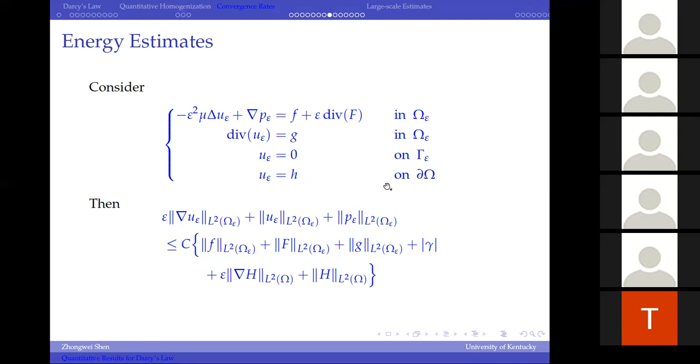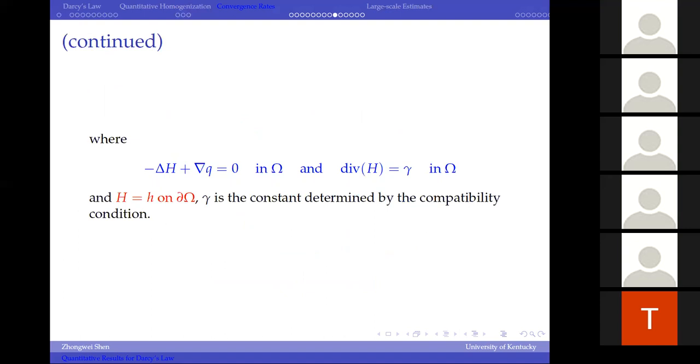And how do you choose capital H? So that certainly we can use solving a Stokes system on omega. Okay, no epsilon, so just fixed domain omega. So a capital H has the right boundary value, and gamma is again some constant which is determined by the compatibility condition of the Stokes system.